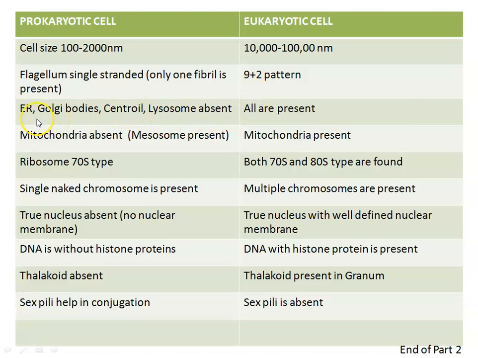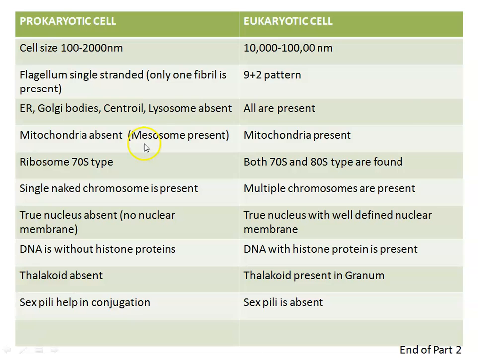The organelles like endoplasmic reticulum, Golgi apparatus, centriole, lysosomes are absent in the prokaryotic cell while all are present in case of eukaryotic cells. The same thing, mitochondria is present in the eukaryotic cell, which does the function of respiration, that is your Krebs cycle and all. In case of a prokaryotic cell, mitochondria is absent.